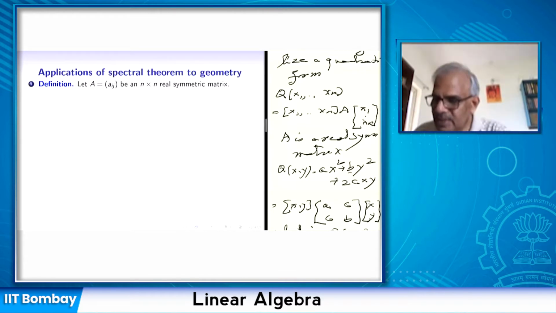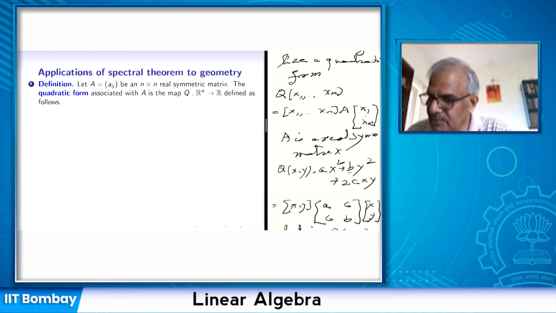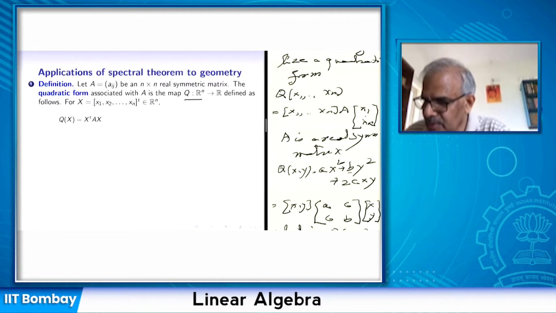So we have a real symmetric matrix A_ij. The quadratic form associated with A is this map. Take a vector in Rⁿ, and the output is a real number. So quadratic form is a function from Rⁿ to R. The inputs are vectors, output is a real number, and this is given by the formula Q(x) = xᵀAx.